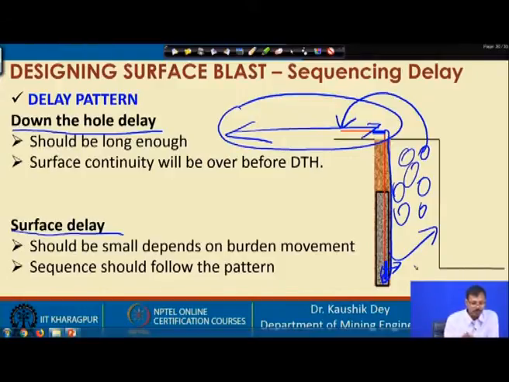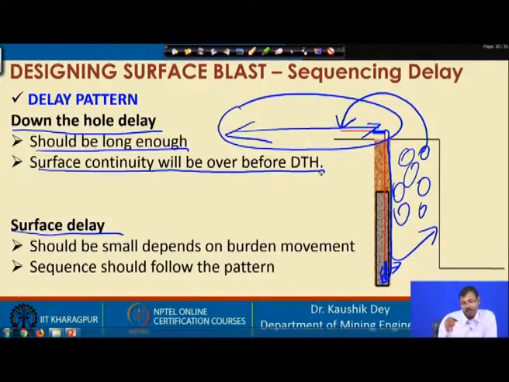That is why down the hole delay is very important, and it should be long enough so that surface continuity will be over before the blasting of the down the hole delay, and the sequence of blasting will basically be dictated by the delay provided in the surface.